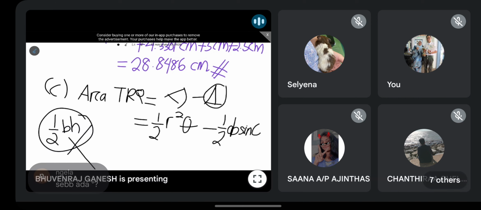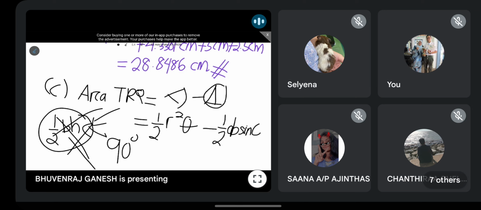When you have an angle other than 90 degree, this formula automatically cannot. This formula is for right angle triangle only. Segitiga sudut tegak sahaja. Baru kamu guna setengah kali tapak kali tinggi. Other than that, this is the formula.